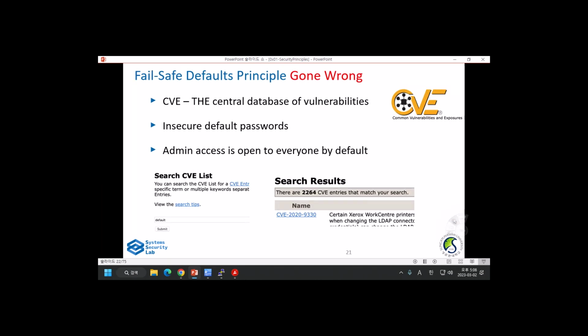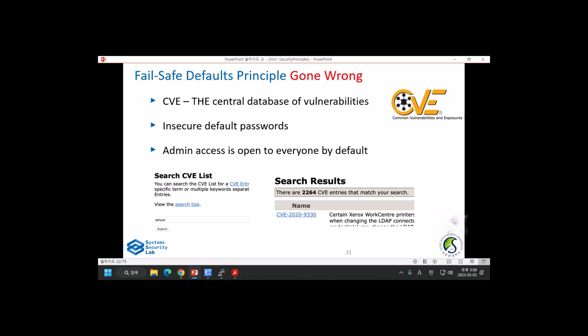Okay, so CVE stands for common vulnerabilities and exposures. This is the database where we keep vulnerabilities found in information systems, any kind of system we use today.